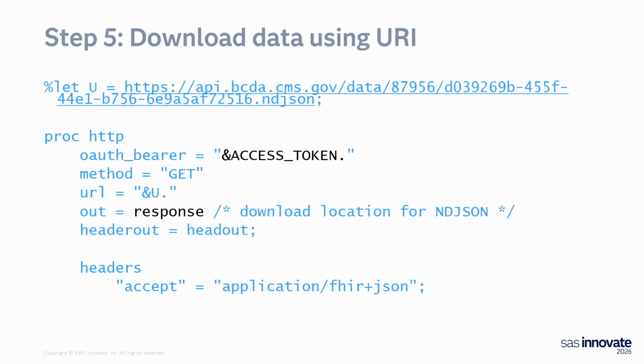What the URI looks like is what's been assigned to the symbol U here. Notice up to now instead of jobs, it's data, and the job ID is 87956 again, and then the rest of it is a unique file name .ndjson, and in fact this is a full pointer to an NDJSON file.